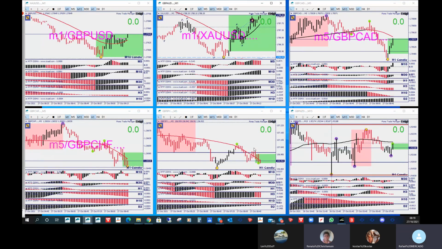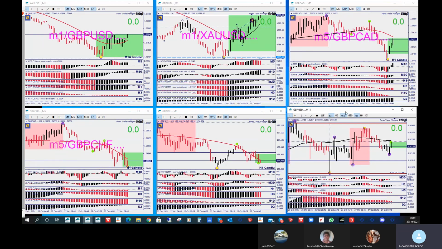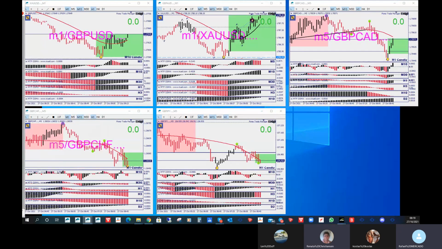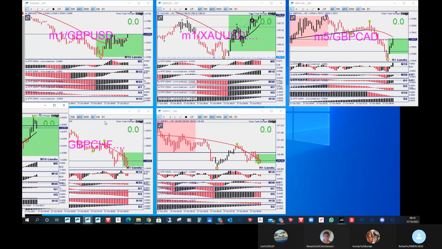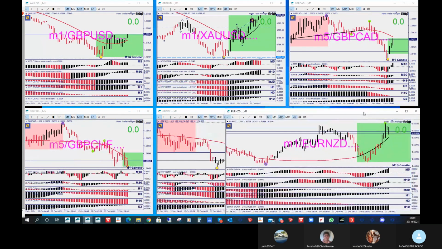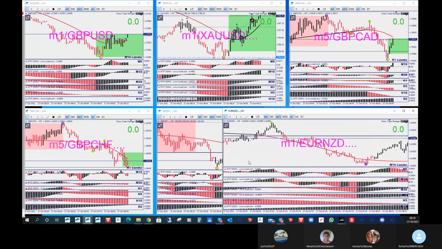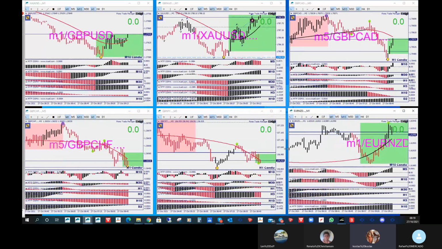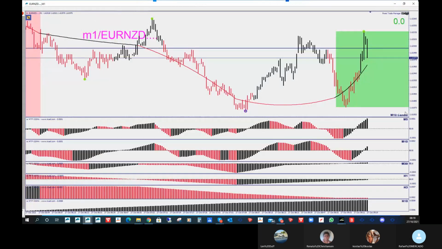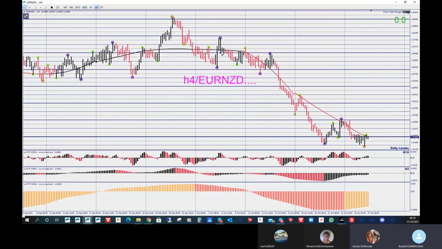I'm going to change Pound New Zealand for Euro Aussie, guys. It doesn't move that much. And Euro New Zealand is more like a setting. So in the long way, we have a retracement ball here, but we have the H10 going long.